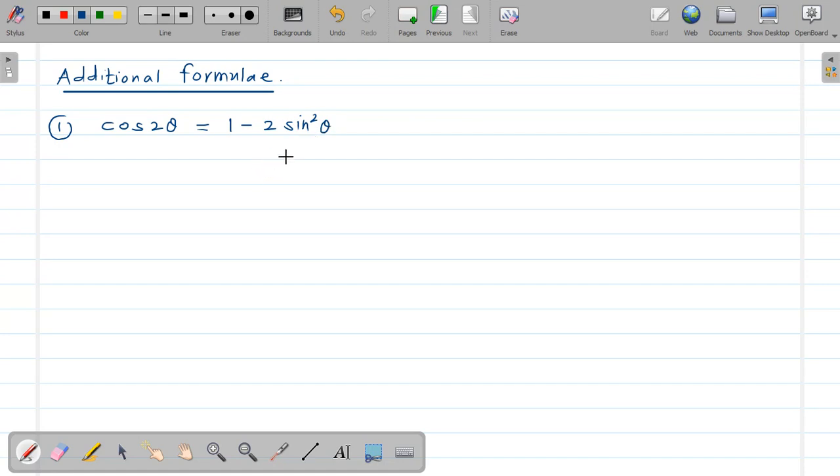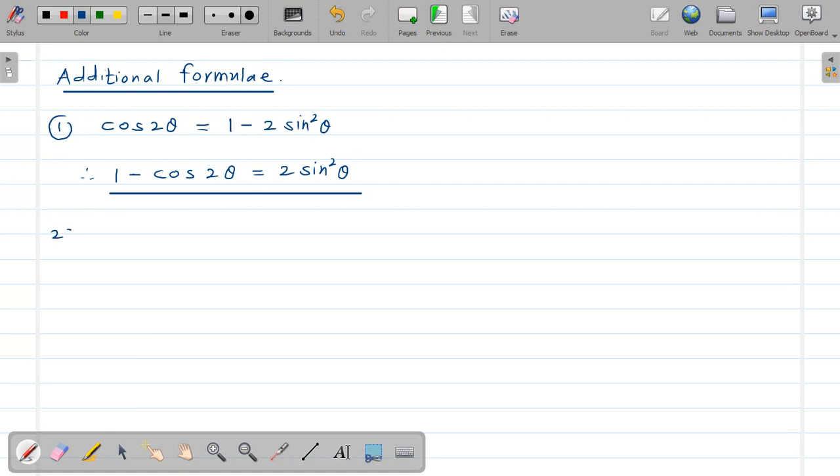Now if you rearrange this formula, we get a very important formula: if you transfer cos 2 theta to the right hand side and the minus 2 sin square theta to the left hand side, then you will get 1 minus cos 2 theta is equal to 2 sin square theta. So this is also a very important double angle formula. Okay, so we have to remember it like this.